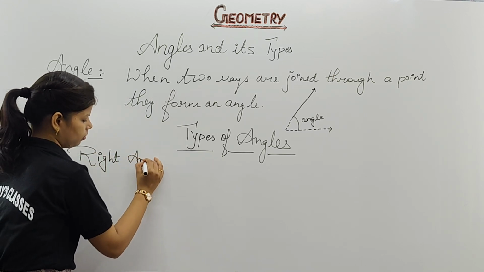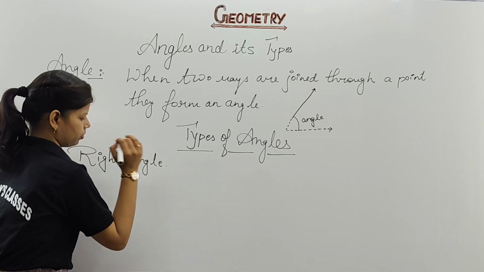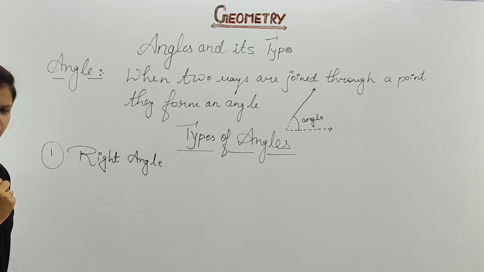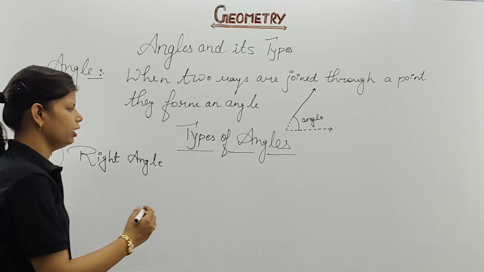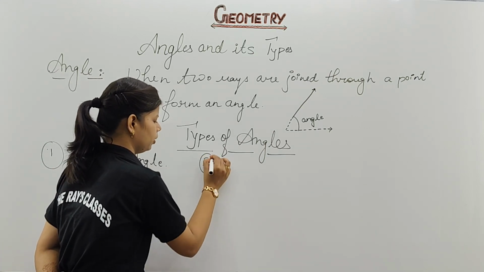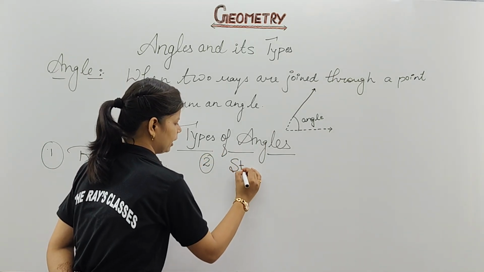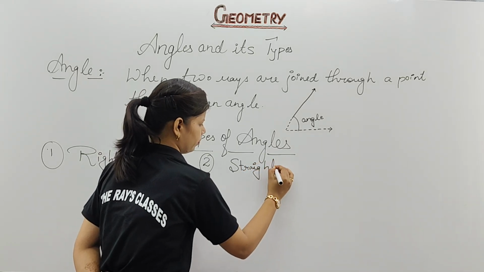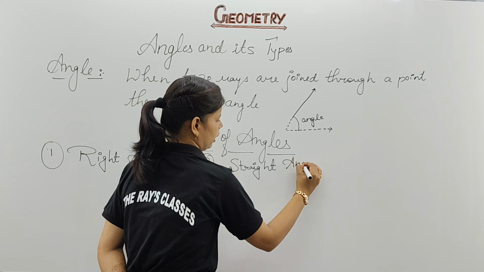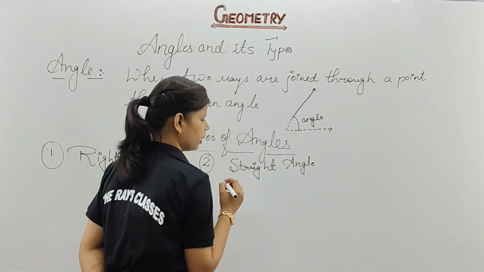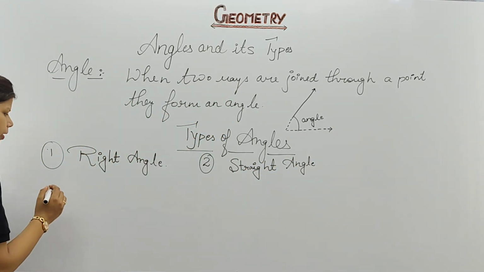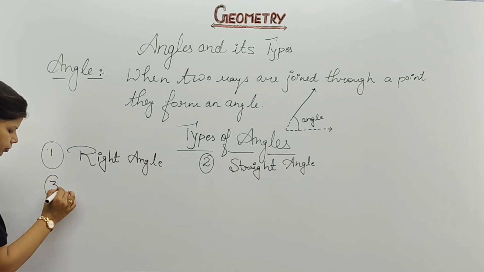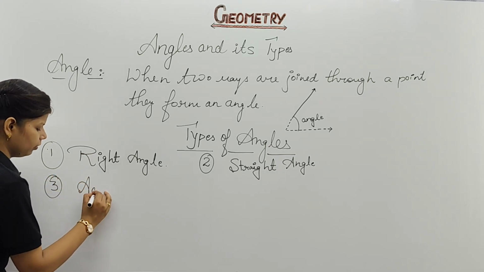Clear? Right angle. The figure, the definition, everything I'll tell you. The second type will be your straight angle. Straight angle. Clear, no? Third will be acute angle.